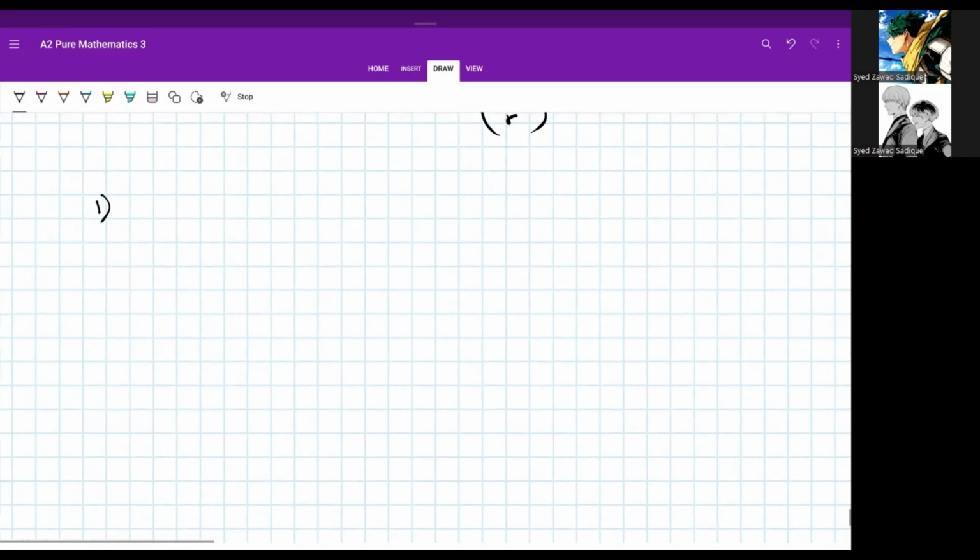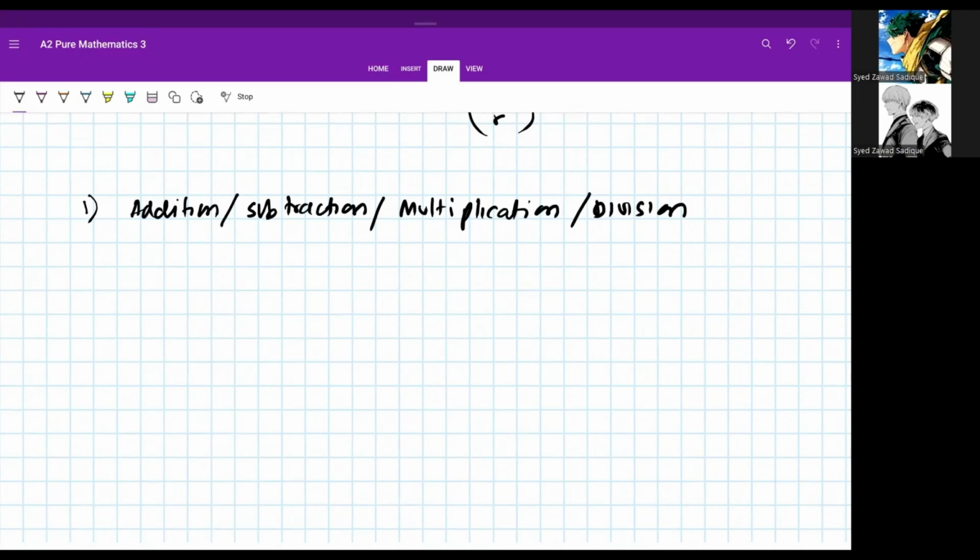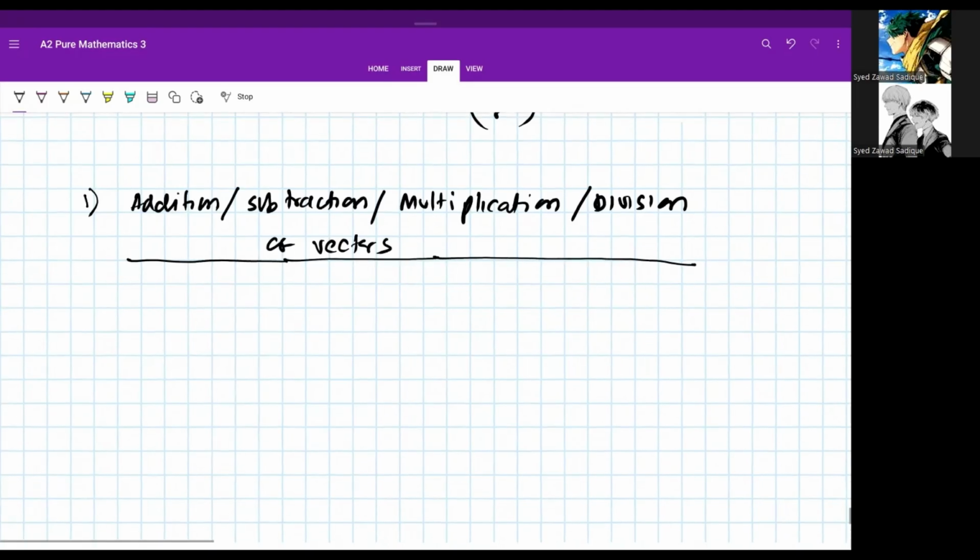Just like complex numbers, we have to learn addition, subtraction, multiplication, and division of vectors. So buckle up, kids. It's going to take some time.